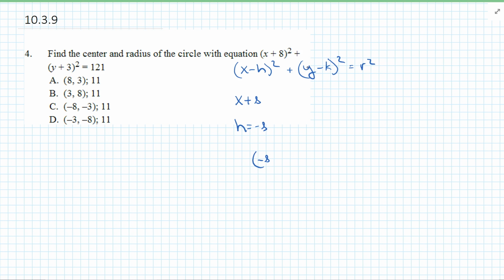All right, the next one, y minus k. So I got y plus 3. So that must mean our k value is -3. So my center is -8, -3. Okay, r squared equals 121. So r equals 11. So the answer would be D.